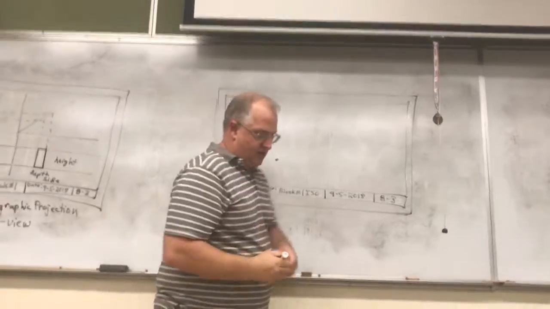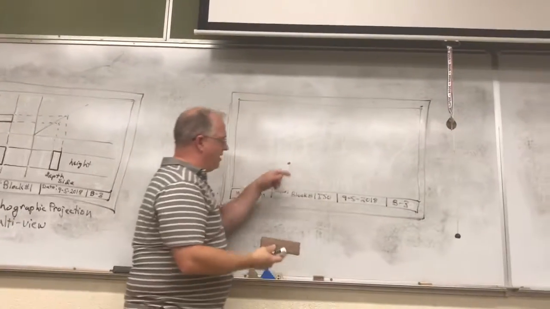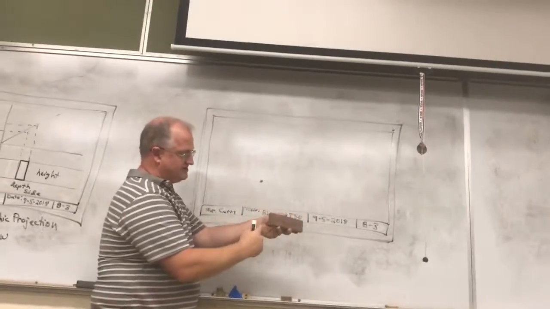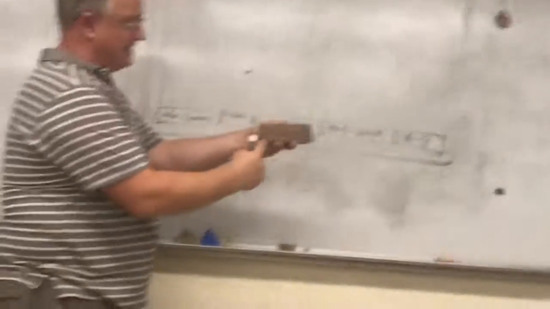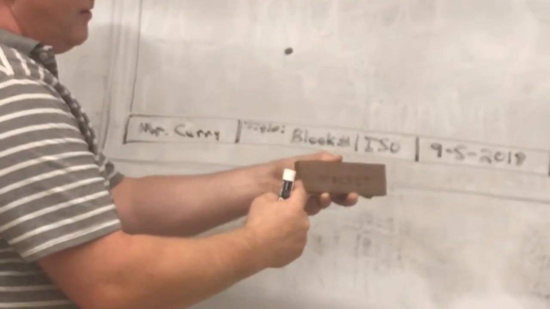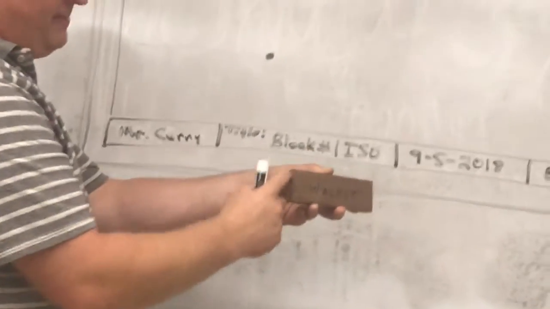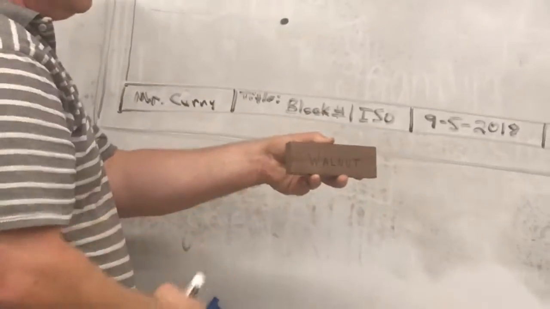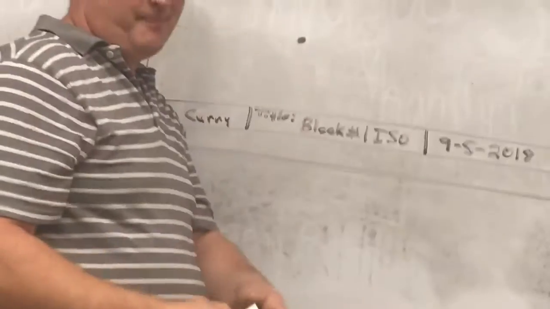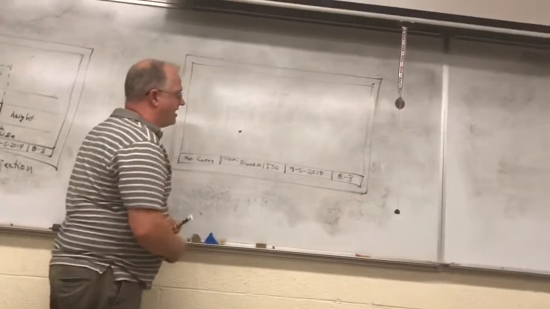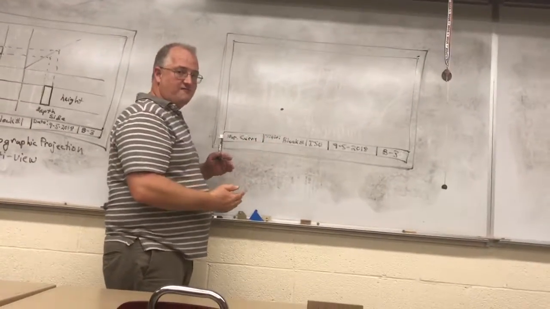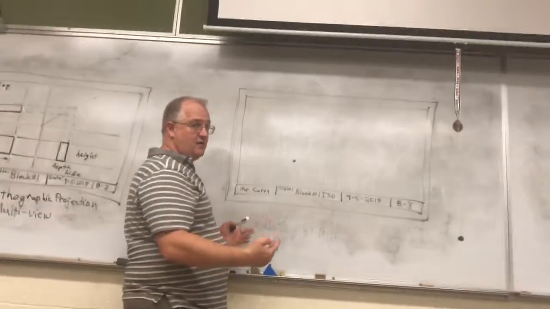Now, the reason for the point, and that point is going to represent this very corner of this block as we tilt it up. So we're going to have to keep that in mind as we look at all these surfaces. And all of these lines are parallel. Now, to be an isometric, that means we are at 30 degrees from that horizon line going in both ways.